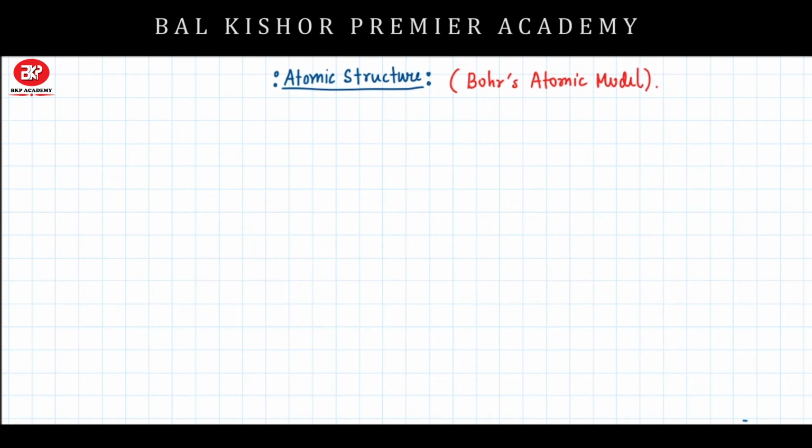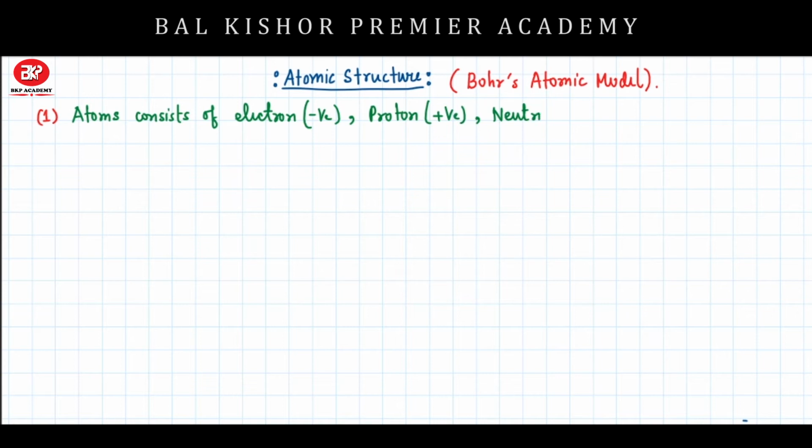According to the Bohr atomic model, the first thing that we need to know is that the atom consists of electrons, which are negatively charged, protons, which have positive charges, and neutrons, which are neutral.